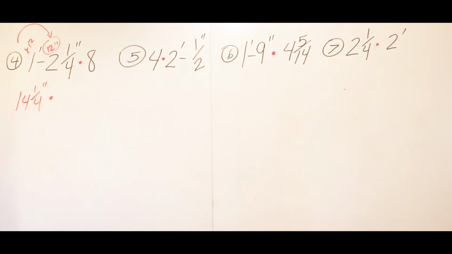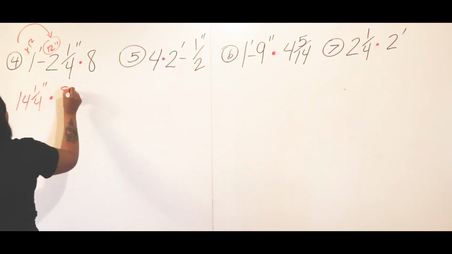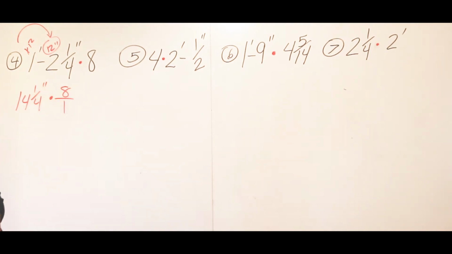We're not done with that. Times 8. How do we turn whole numbers into improper fractions? Put them over 1. My improper fraction is in place. I don't need to do anything else with that 8 over 1 yet. But I still have this mixed number. I have to turn mixed numbers to improper fractions. Feet to inches, mixed numbers to improper fractions, whole numbers to improper fractions.